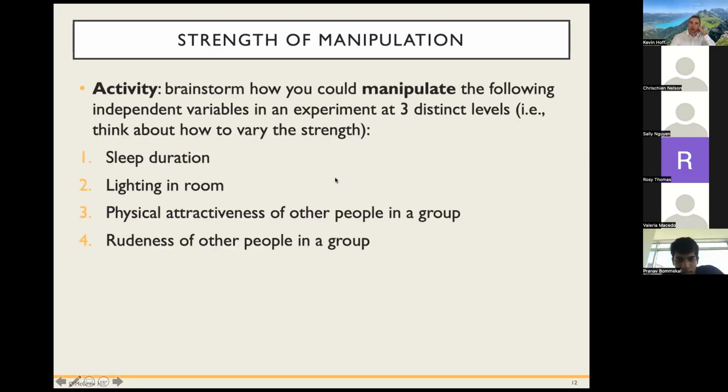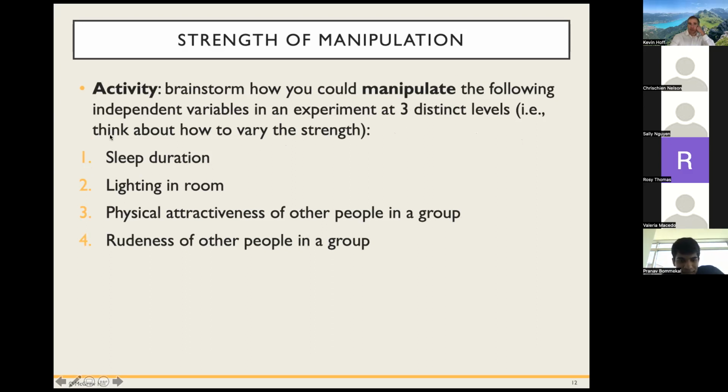So we'll do a quick activity here, which you can do independently. Let's just focus on this first one for now. I'll ask people to type in the chat or turn on your microphone and say what you would think.